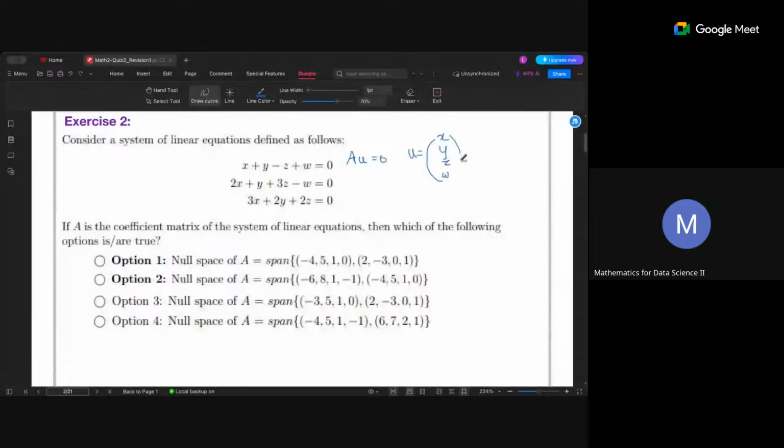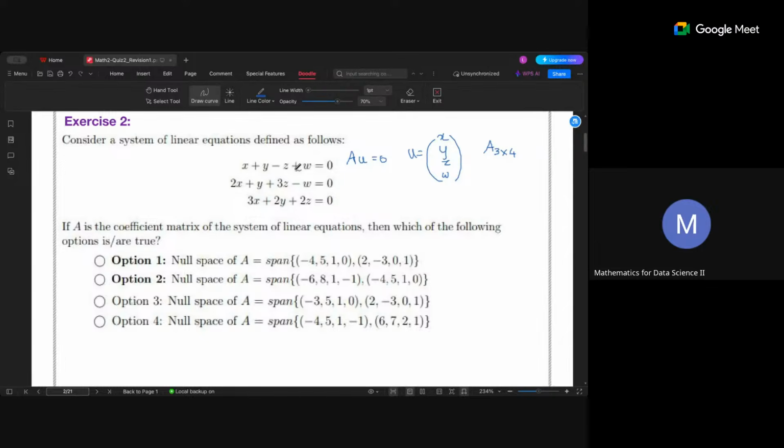What is the size of this matrix A first of all? 3 by 4. Right? So if A is the coefficient matrix of the system of linear equations, then which of the following options is true? Obviously your null space is a subspace of R4, right? So how do we quickly find the null space of this?